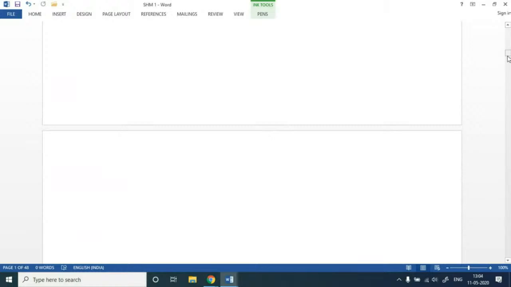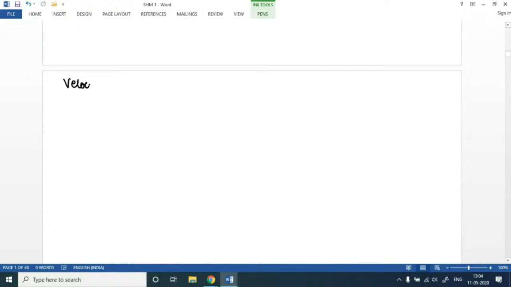And now let's look at another thing, that is velocity and acceleration. Let's try to look at these parameters. As we have already represented, x is equal to a sine omega t.